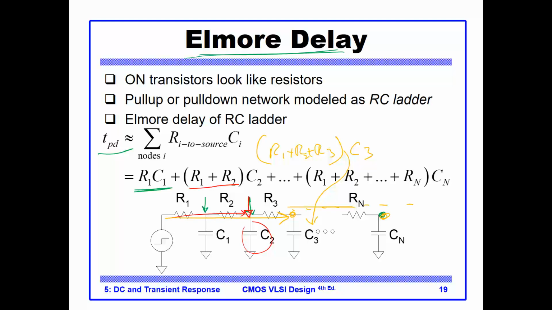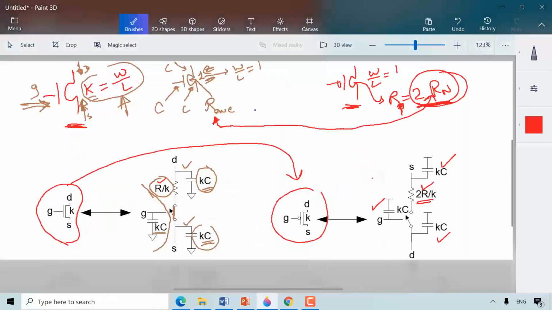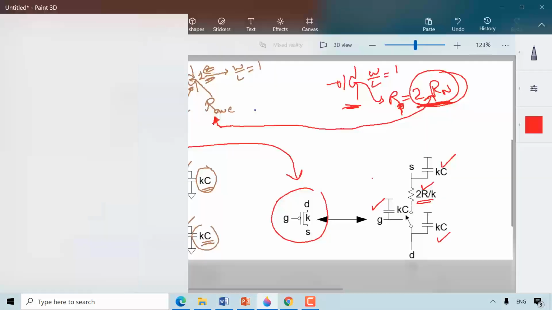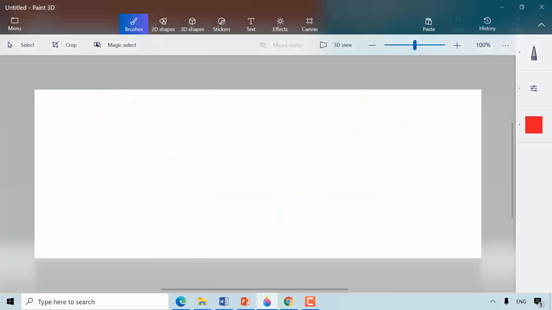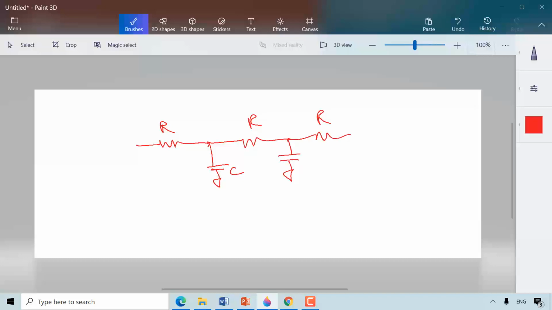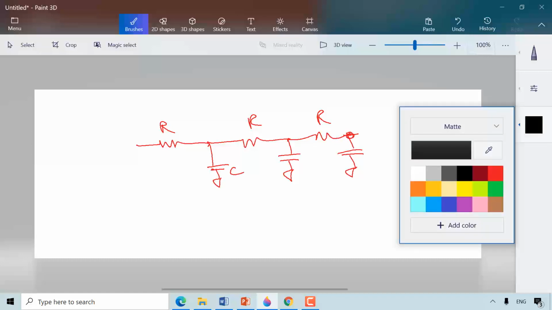Okay, so let's take an example here on the whiteboard. Suppose you have this network. This is R, this is a C, and this is R, and this is a C, and this is R, and this is a C. We want to estimate the delay for this network.